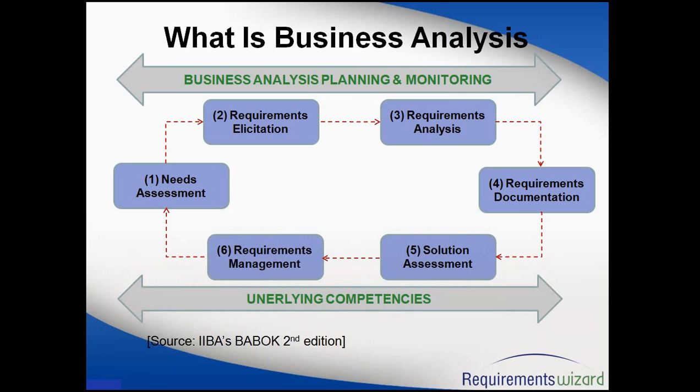How will the requirements be done? What are the processes? What will be the tools and techniques used? Who will be approving them? And some of the underlying competencies. We will take a look at that as well. But as a business analyst, that's what you will be doing. All of these 6.